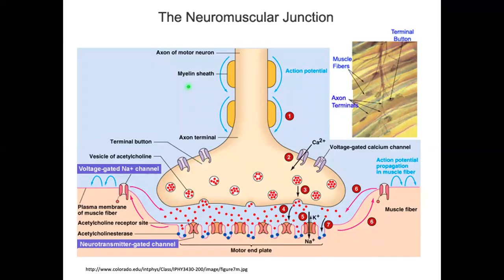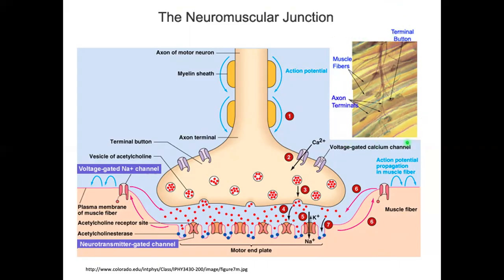Okay, so let's take a look at how excitation actually occurs. So in the histological slide to your right, there is a nerve, and notice how there's a lot of axon terminal regions, and they're connected with a bunch of muscle fibers. Okay, so this is a motor unit.